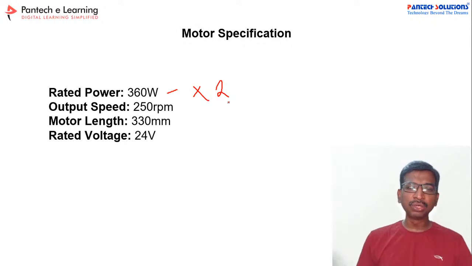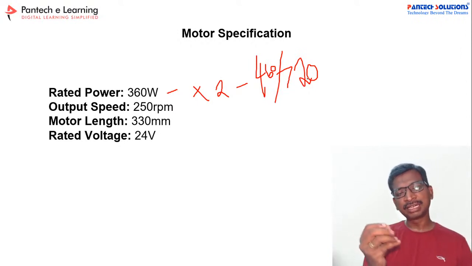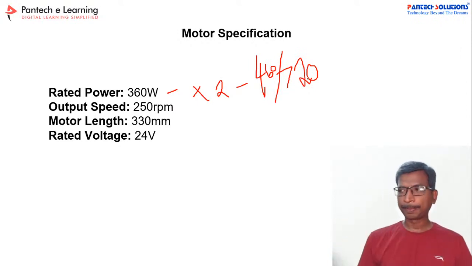So in that case, 720 will be the total power availability, but my requirement is only 460. So here I can take anywhere from 0 to 720. With this, I can adjust for hill climbing also.